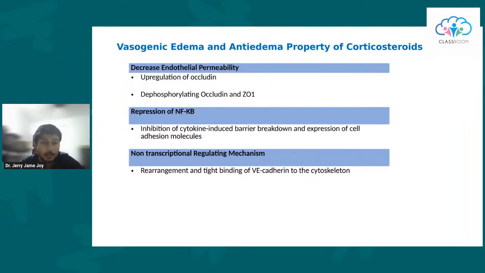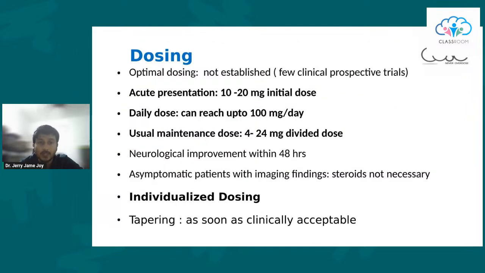Then it causes repression of NF-κB, a pro-inflammatory factor, which inhibits cytokine-induced barrier breakdown and expression of cell adhesion molecules. The other mechanism is non-transcriptional regulation, which may be a rearrangement and tight binding of VE cadherin to the cytoskeleton.